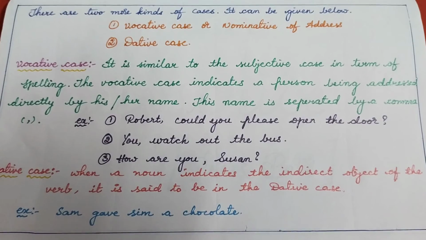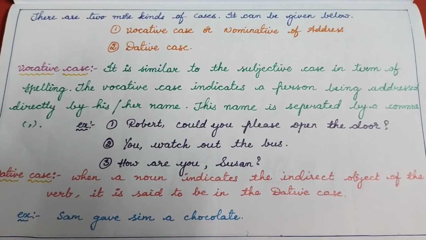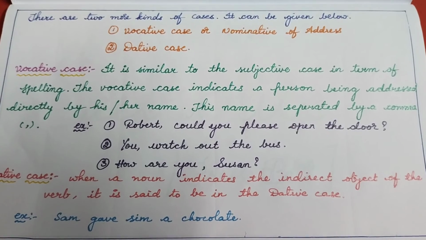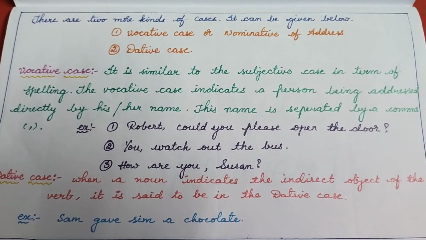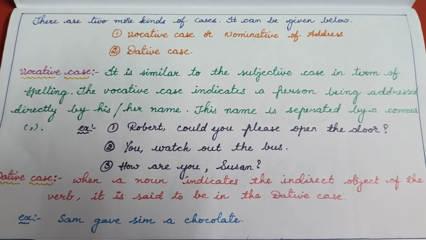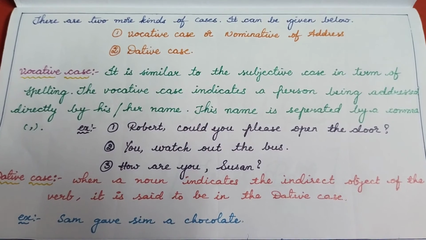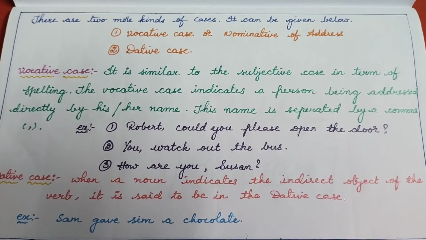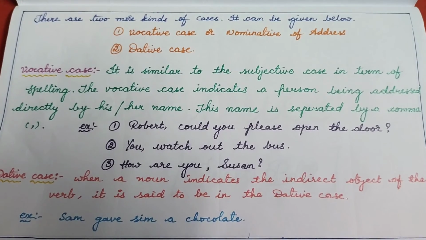Coming to dative case, which is just opposite to vocative case. In dative case, when a noun indicates the indirect object of the verb, it is said to be in dative case. What do you mean by indirect object? It is not being directly given.